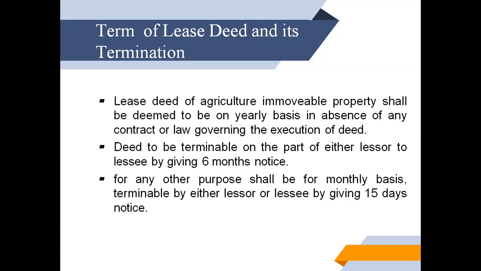For any purposes other than agricultural, it shall be on a monthly basis, terminable by either lessee or lessor by giving 15 days notice, meaning thereby that under the law, both lessor and lessee have the power to terminate the lease deed. The law aforesaid is contained under Section 106 of the Transfer of Property Act.